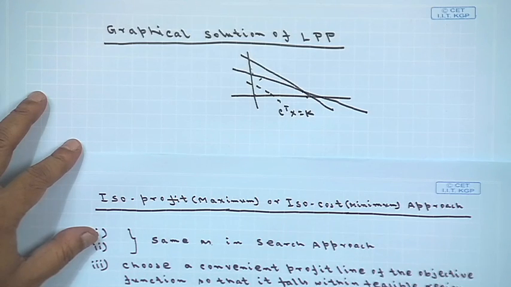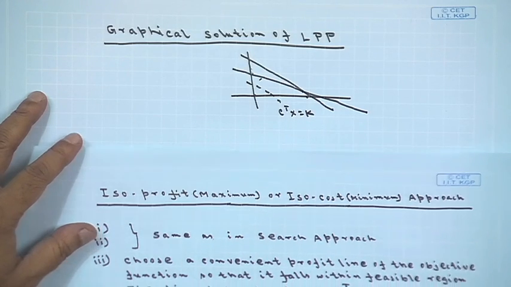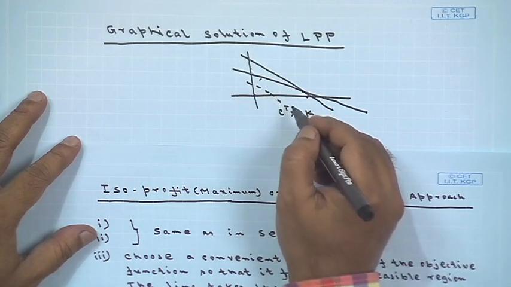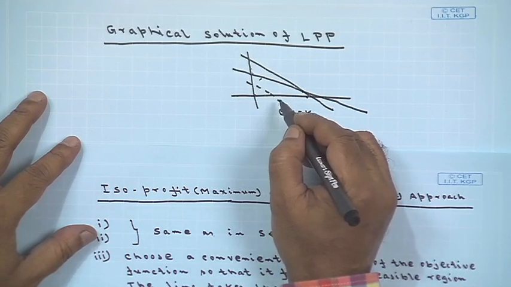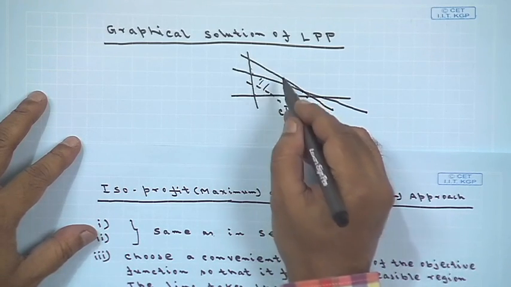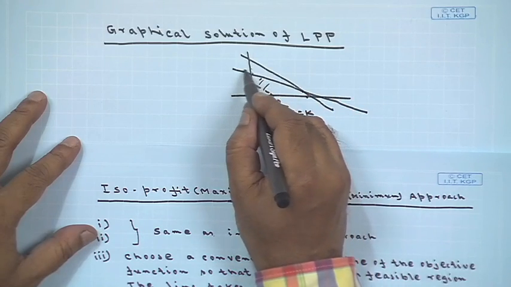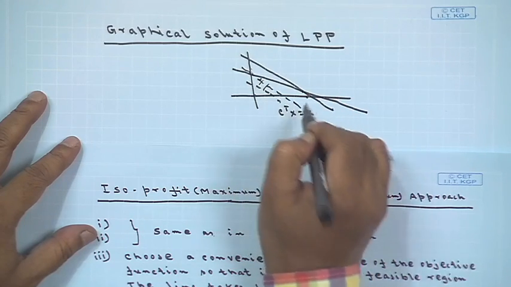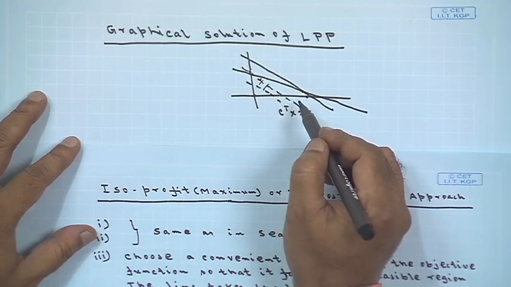Since it is a profit function, move this line away, so that at some place maybe I will find the solution.